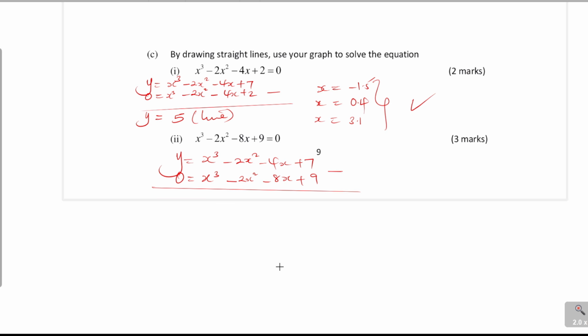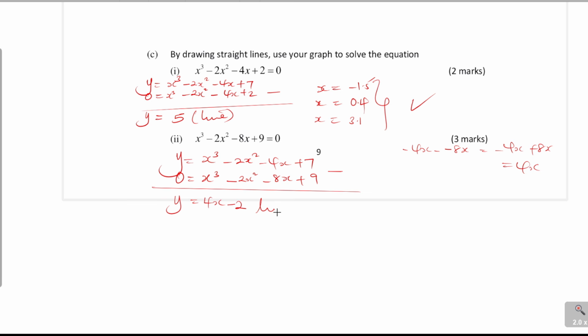We subtract these: y is equal to negative 4x subtract negative 8x, which gives 4x. Then 7 subtract 9, that is negative 2.